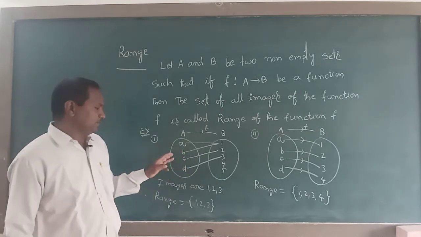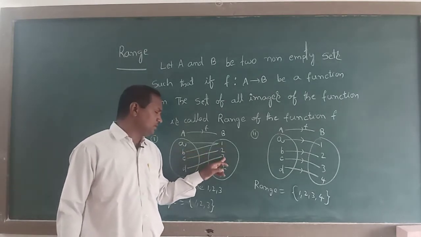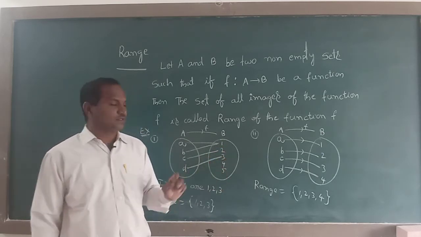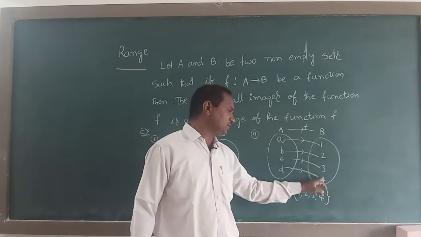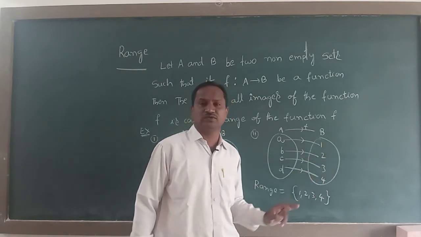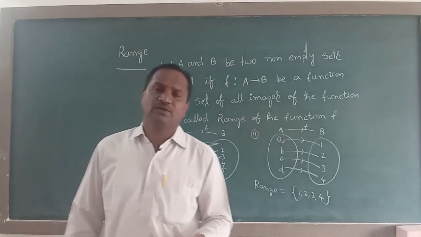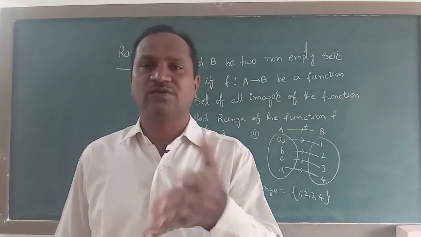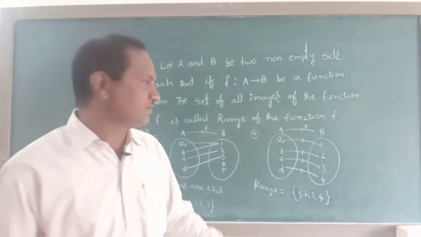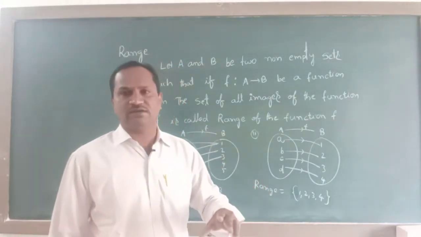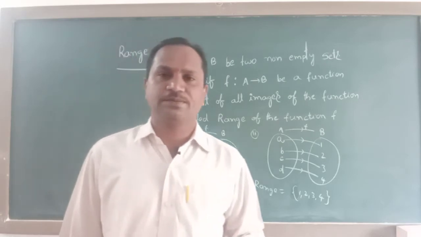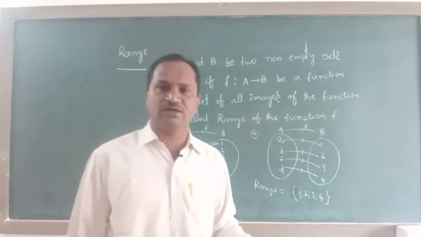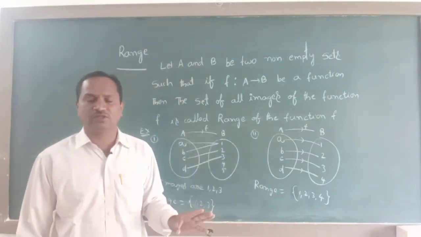See, in the first function the range is 1, 2, 3, and the codomain is 1, 2, 3, 4, 5. Here the range is 1, 2, 3, 4 and the codomain is also 1, 2, 3, 4. From these two we can tell the range is always a subset of, or equal to, the codomain. The range of the function f is always a subset or directly equal to the codomain.